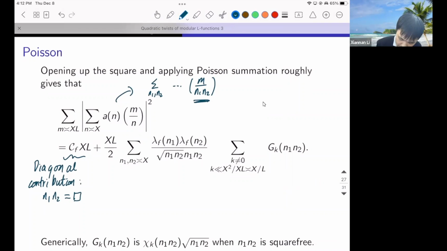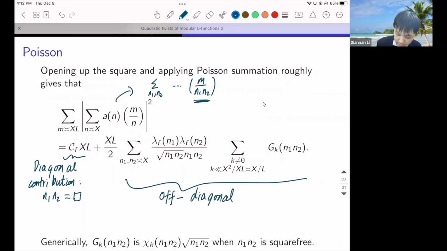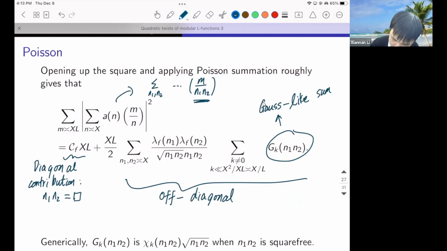The rest of this is the off-diagonal contribution, so-called just simply because it's not diagonal. And it's going to involve this Gauss-like sum, which first appeared in the work of Soundararajan on the proportion of non-vanishing for quadratic Dirichlet L-functions.